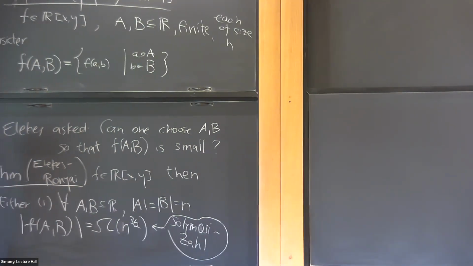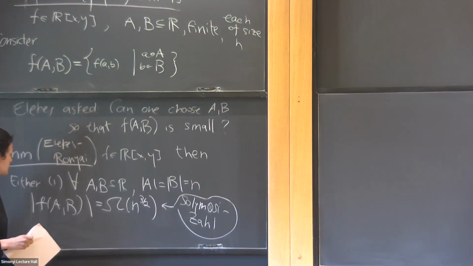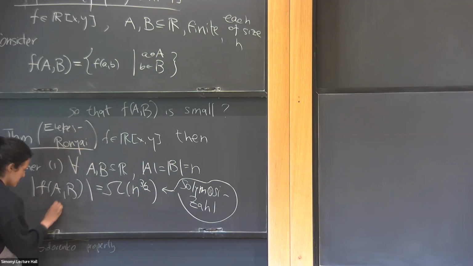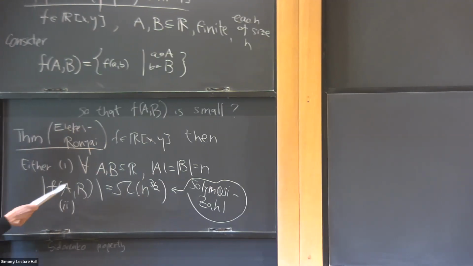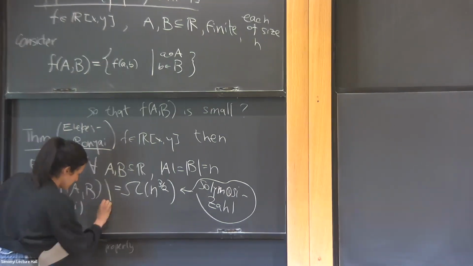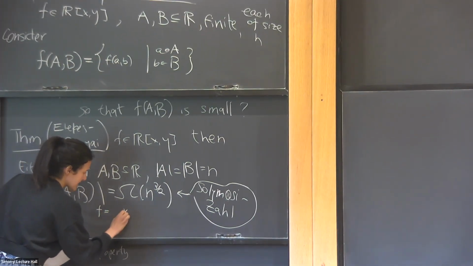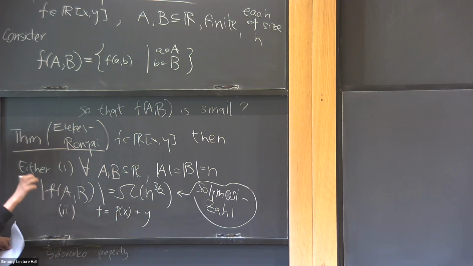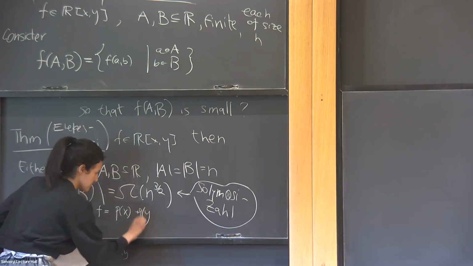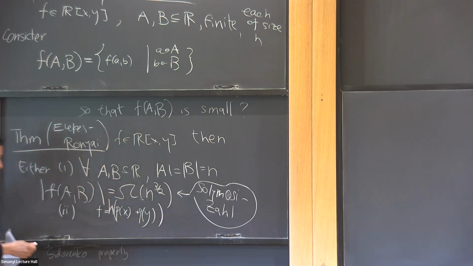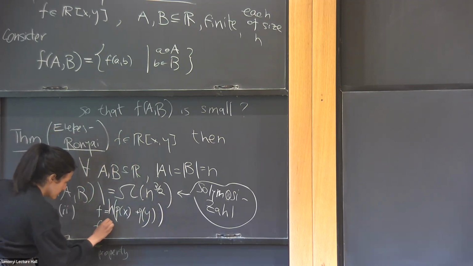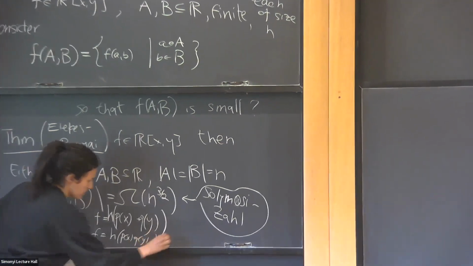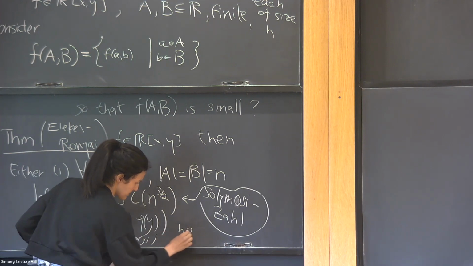Okay, so this is one option, and the other option, the only case where this is not true, is when f has a certain degenerate form. So f is of the form h of (p of x plus q of y), or h of (p of x times q of y), where h, p, and q are univariate polynomials.